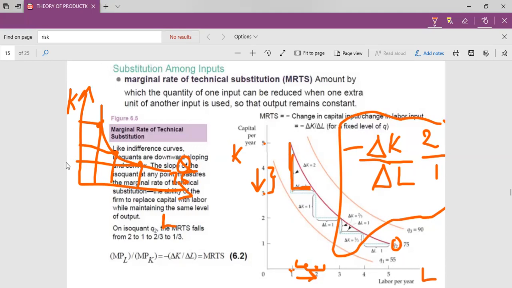This one can be K1. This one, maybe you're using one machine here. Here you have added the second machine. Here you've added the third machine, right? And of course here, you can add the machine, but when you are reducing the labor, you are substituting, right?